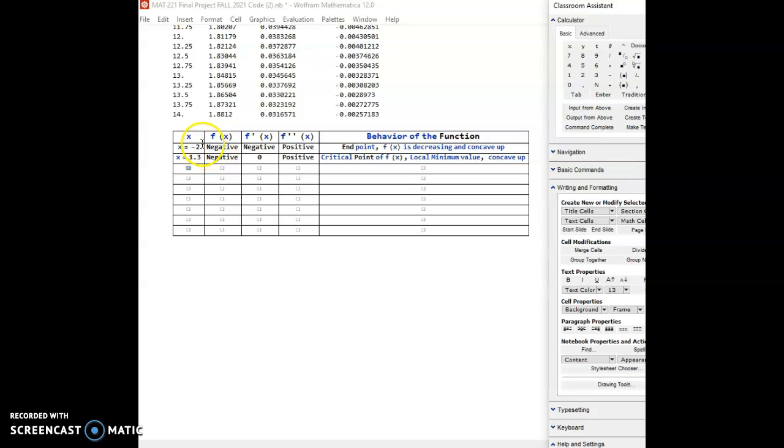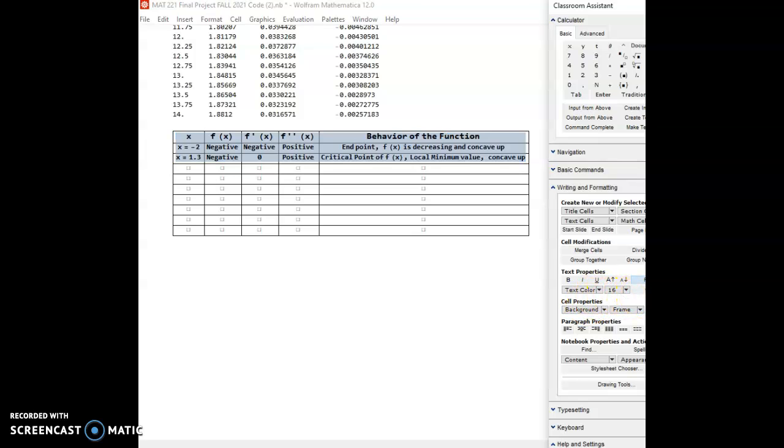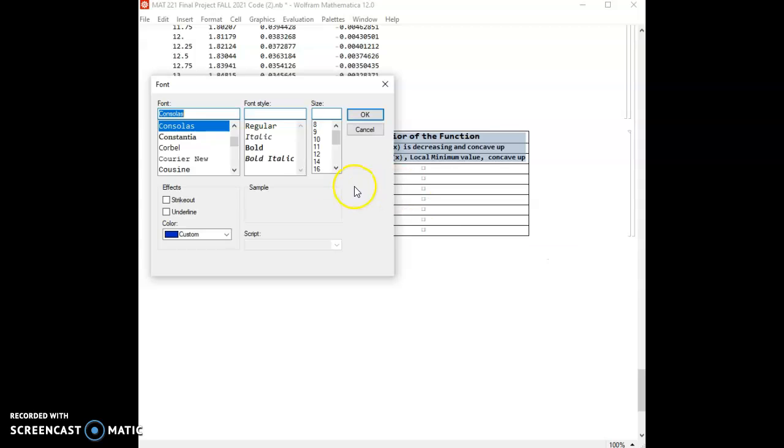By the way, if you don't like the font, you could go into your palette, into writing and formatting, and change your font to any font that you want. I don't know, I'm going to change it to this one.